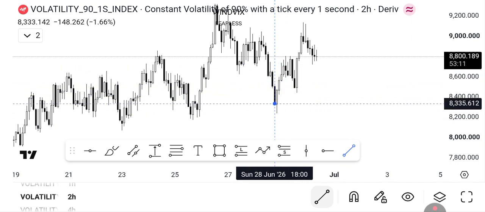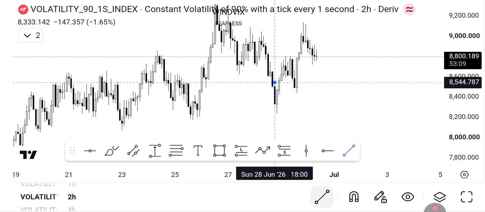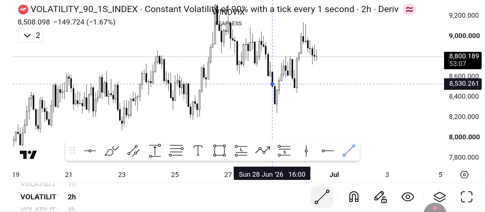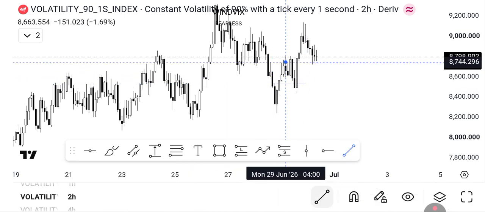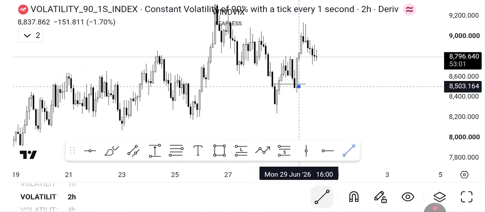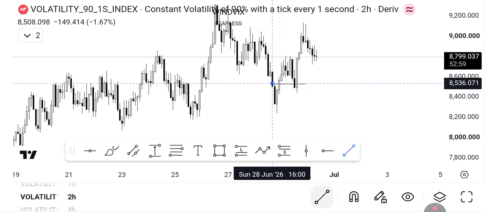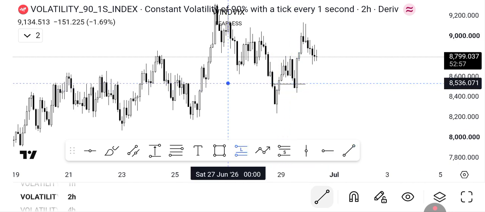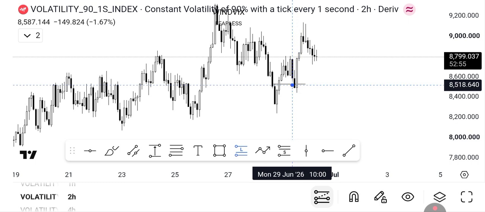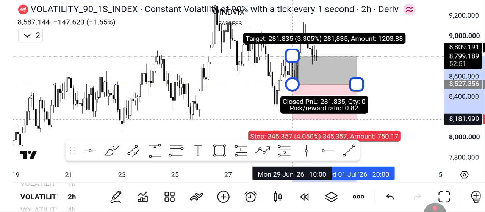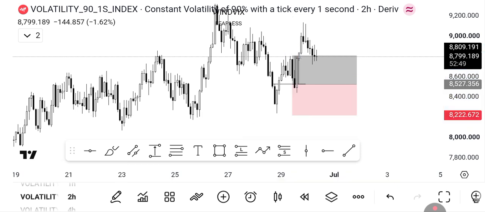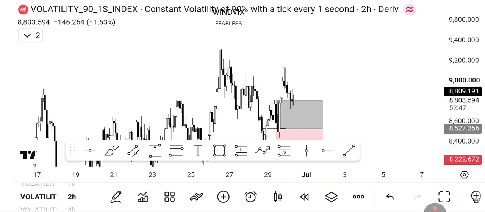So we're waiting for price to come and tap this candle back. Okay, can you see that? Can you see how price came back into it? So you'd have set your limit around here, around this point.